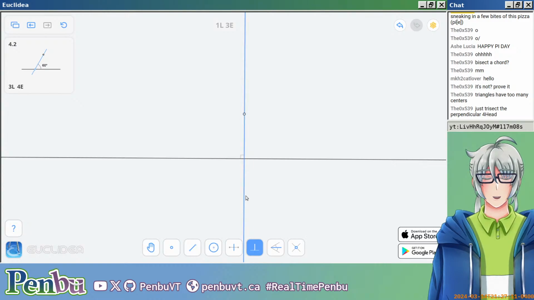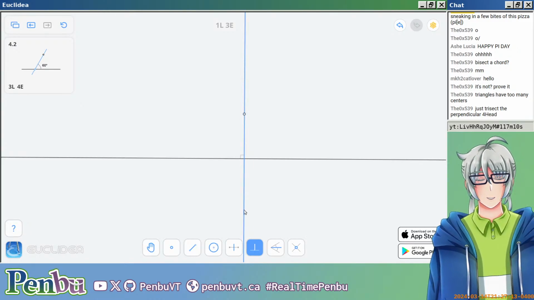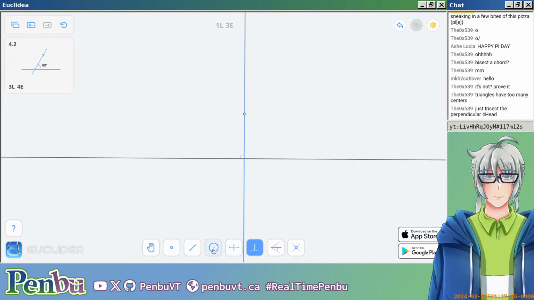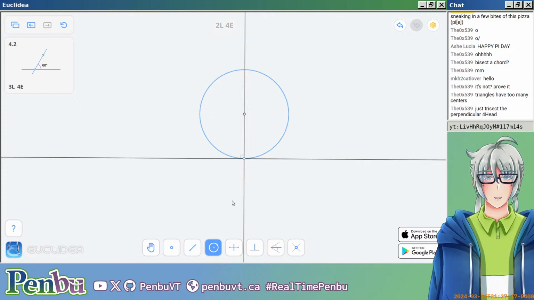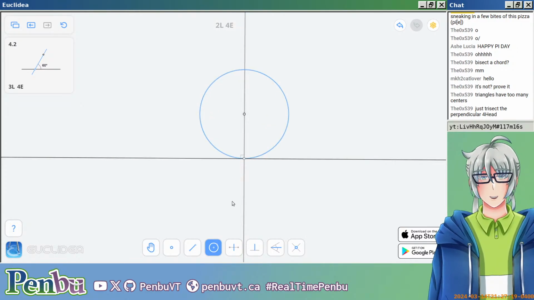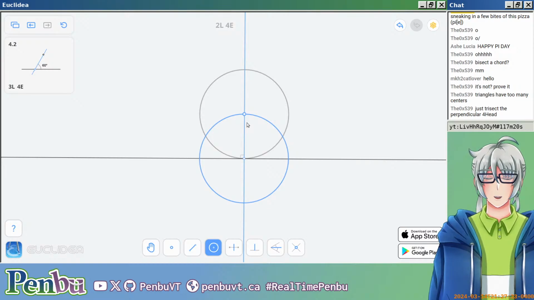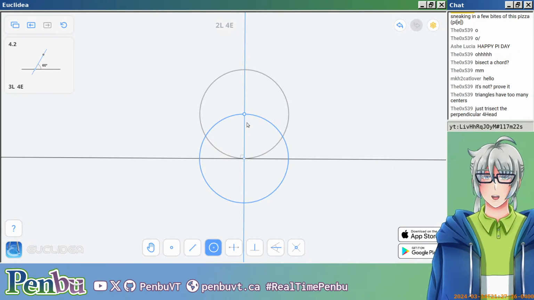Okay, we can draw a perpendicular, maybe. Then we can draw a circle from the point to the line. Sure, what does that do? We can draw another circle from the point to the line, or from the line to the point.